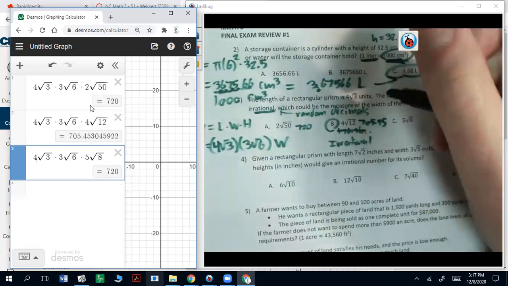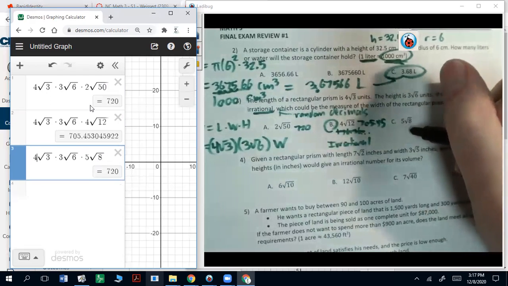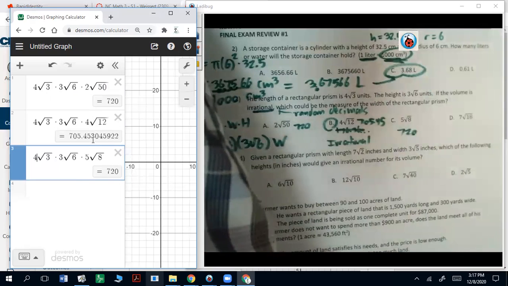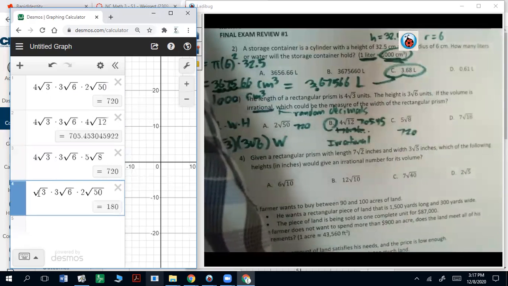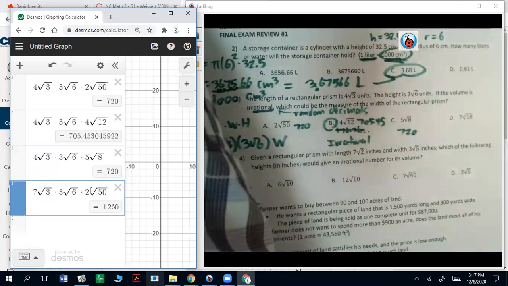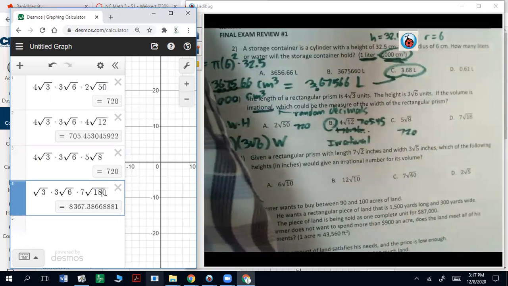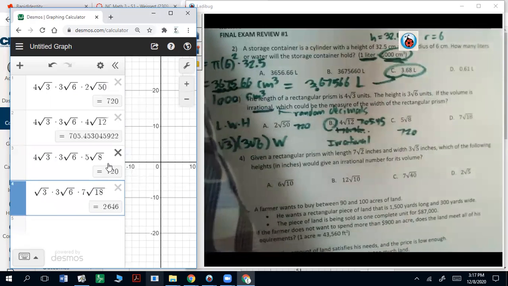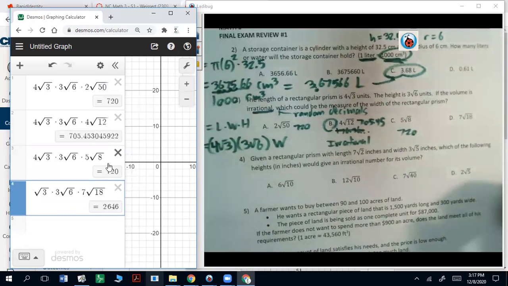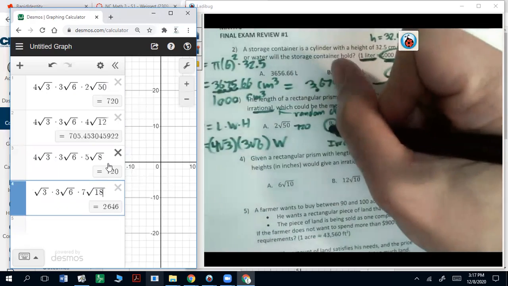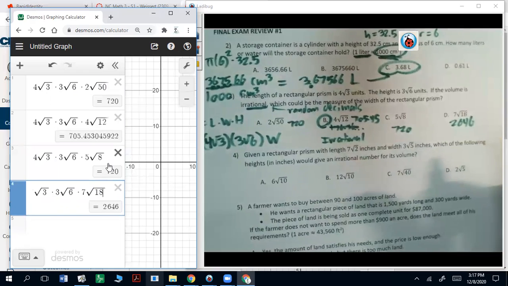Still irrational, but 5 square root of 8 is actually going to be 720, same as A, that's rational. And then 7 square root of 18, let's see what that is. Which is a big number, 2646, but ultimately that is rational. So the only one that's irrational is B.